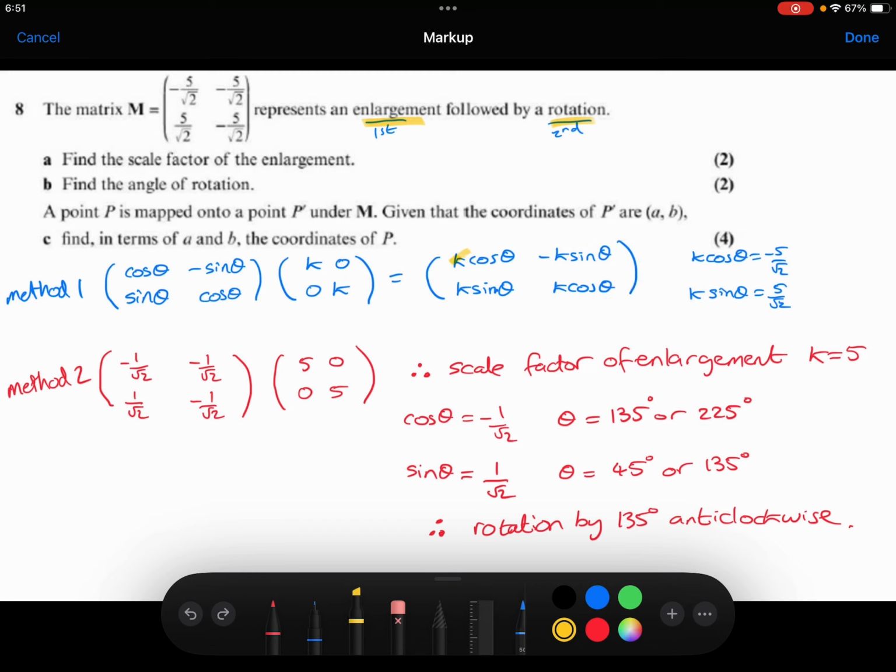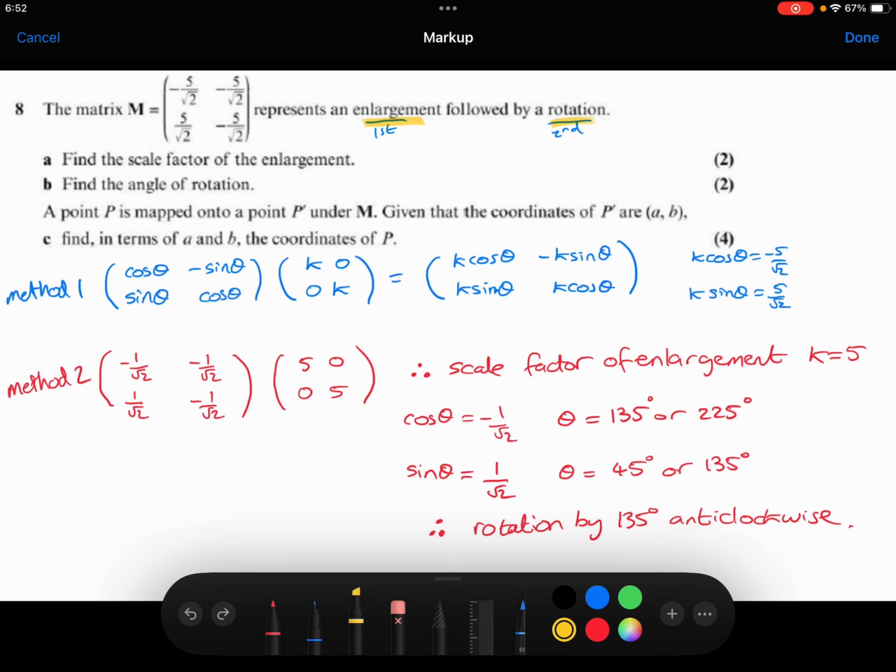And then comparing, the k cos theta would have to be equal to the minus 5 over root 2. The minus k sine theta would have to be equal to the minus 5 over root 2. So therefore those two minuses would cancel out and give me this.